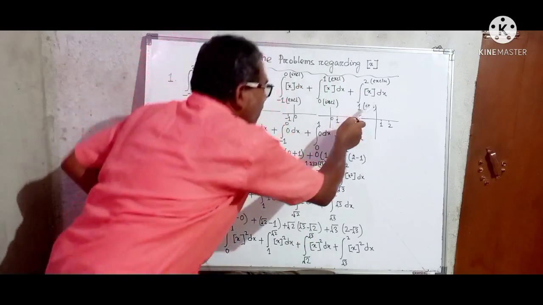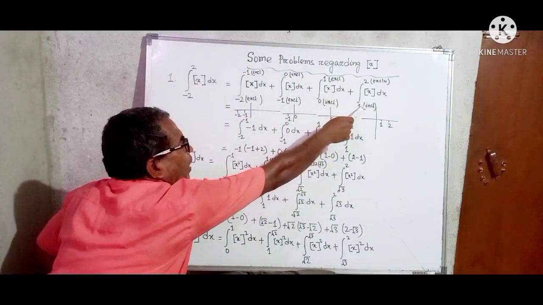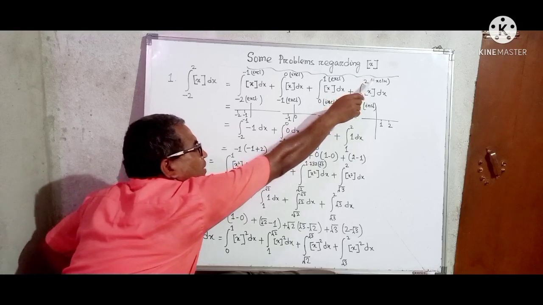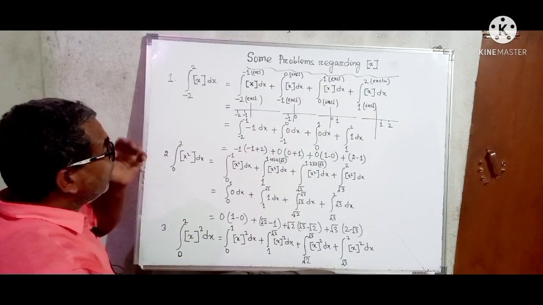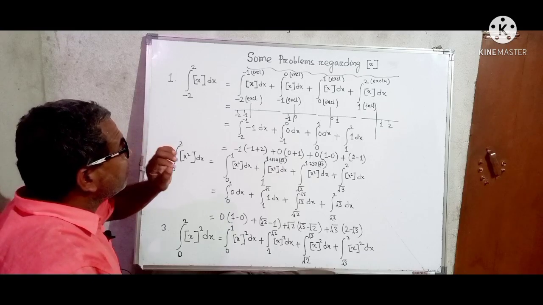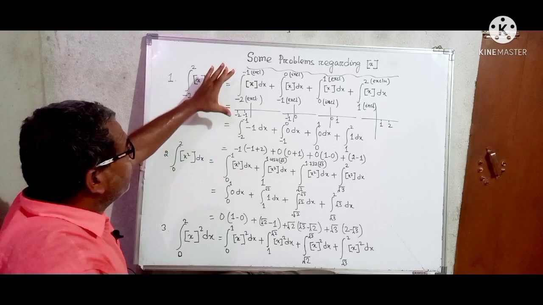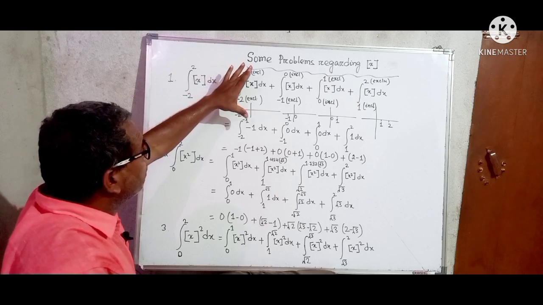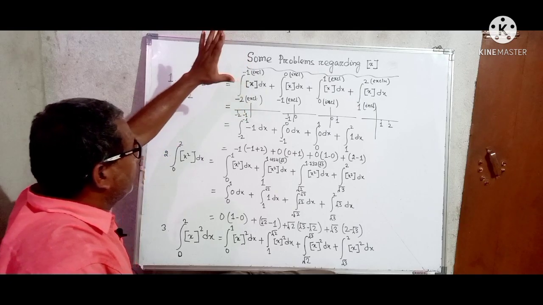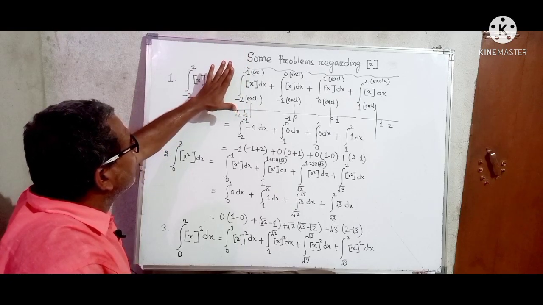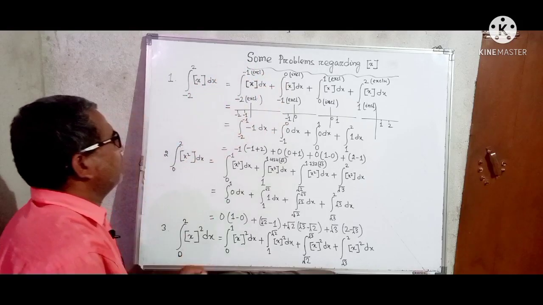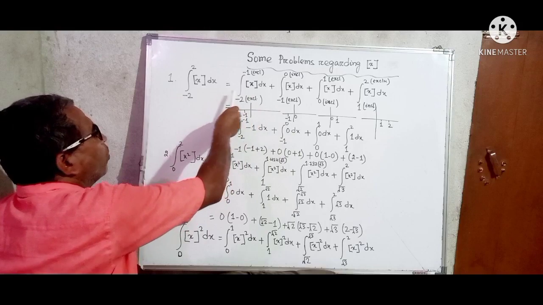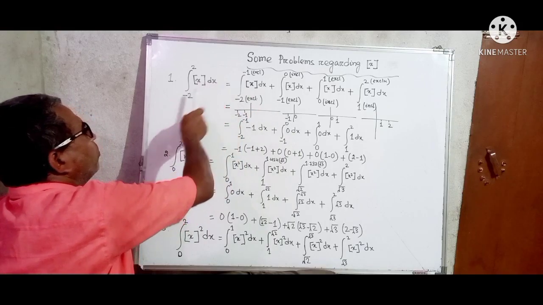Then from 1 to 2, 1 is included, 2 is excluded. For the sake of convention, I have calculated like this, so that the total value can be determined easily.